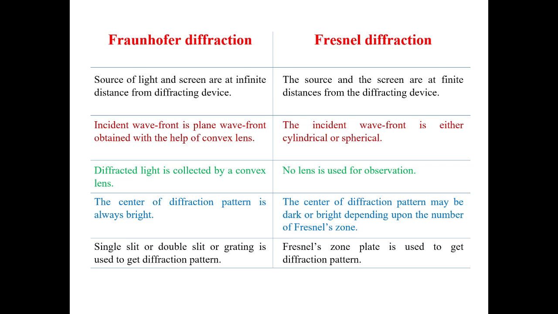In Fraunhofer diffraction, the diffracted light is collected by a convex lens on a screen. In Fresnel diffraction, there is no need of using any lens. In Fraunhofer diffraction, the center of the pattern is always bright, but in Fresnel diffraction, it is not the case. In Fraunhofer diffraction, a single slit or double slit or a grating is used to get the diffraction pattern, while in Fresnel diffraction, a zone plate is used.